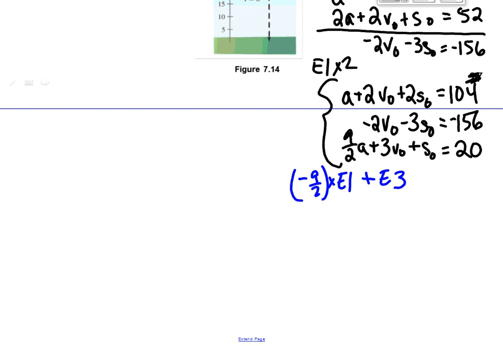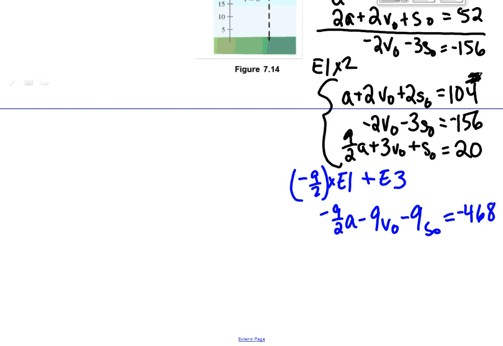And so we'll multiply through by -9/2, that's -9/2 A, minus 9v sub 0 minus 9s sub 0 equals, and then negative 9 halves times 104 is going to be negative 468.